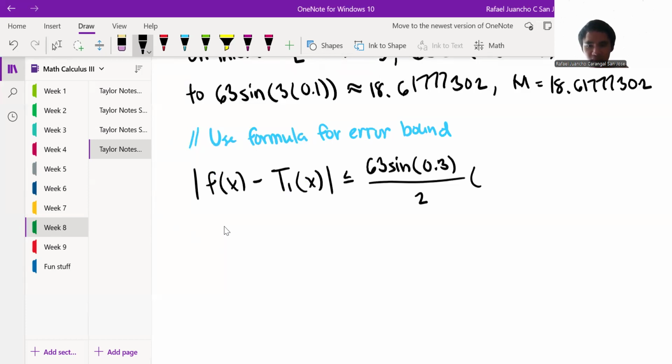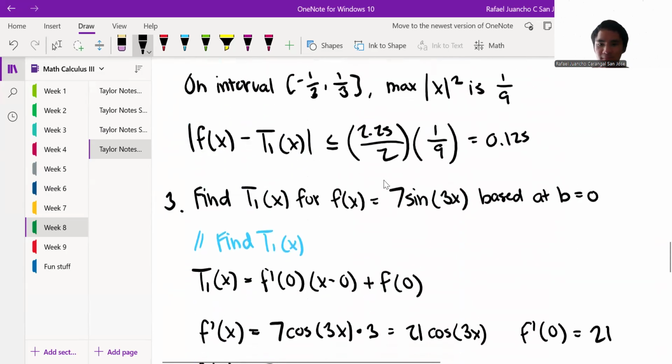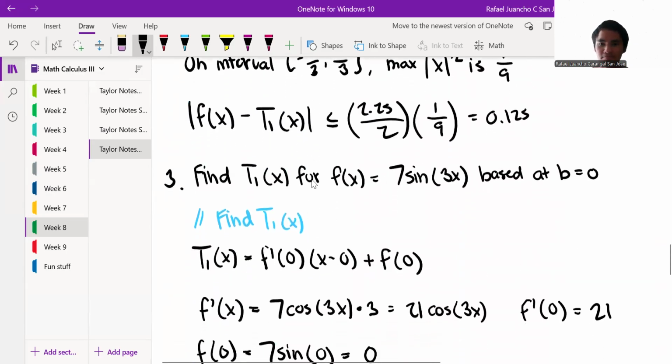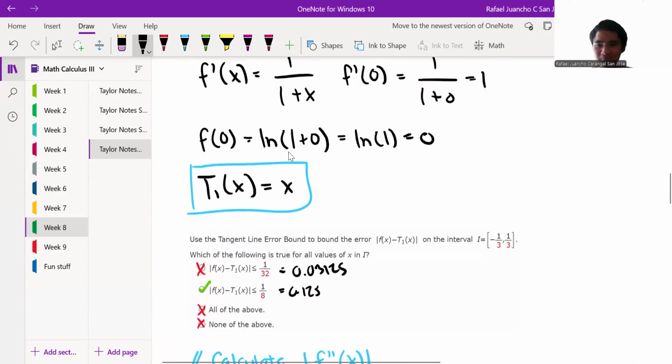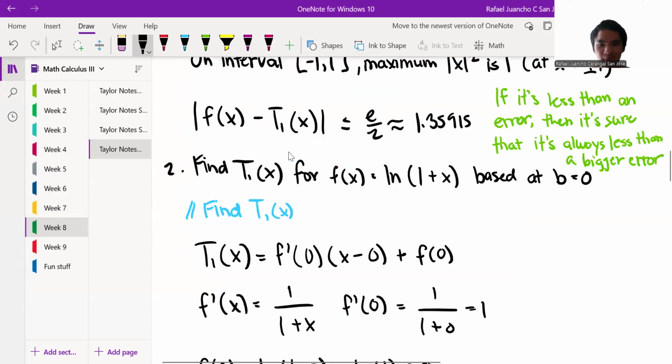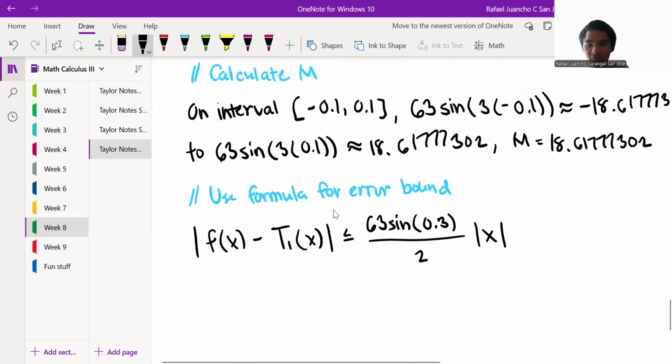Divide that by 2. Then we have my absolute value of x minus, where's it based at? Oh, so it doesn't say where it's based at. Oh, it says it's at 0. Oops, my bad. I think everything's just based at 0. Yeah, so it's all based at 0.